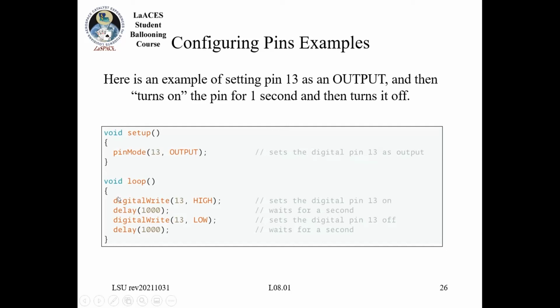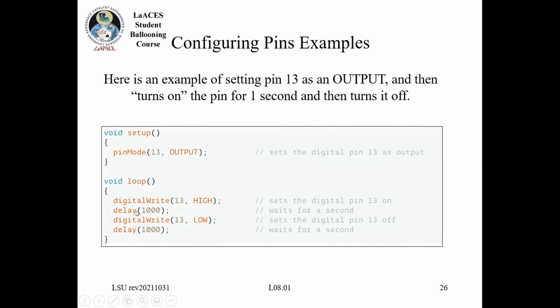And then down in my loop, I'm going to set it to HIGH, right? So I've called the pin again, and again I've called a constant that is the numerical value for HIGH. I'm pretty sure the numerical values for HIGH and LOW are just 0 and 1, if I remember right, but it's a lot easier to remember HIGH and LOW.